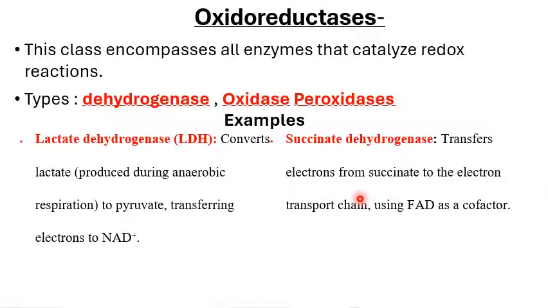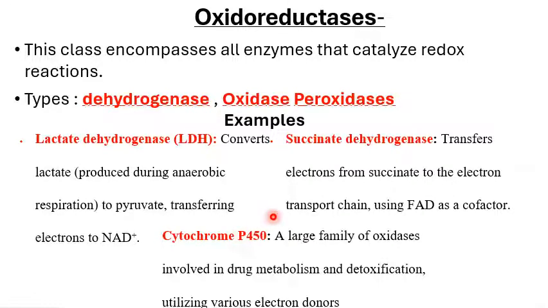So oxidoreductases are important enzymes, and they are widely applied during microbial activities, and they are also used industrially. We also have another one, which is cytochrome P450, a large family of oxidases involved in drug metabolism and detoxification, which involves the use of various electron donors in the process.